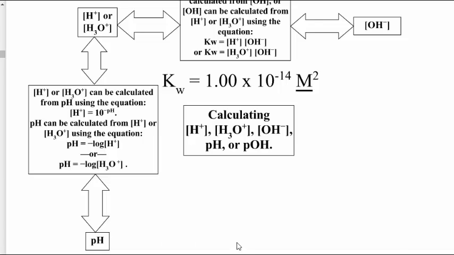Now, to go from pH to pOH, and pOH is kind of like the opposite of pH. It's the hydroxide ion concentration, and base power, the ability of something to behave like a base, has everything to do with the concentration of hydroxide. Something acting like an acid has everything to do with the concentration of hydrogen ions.